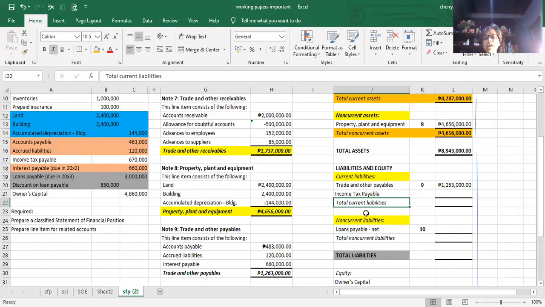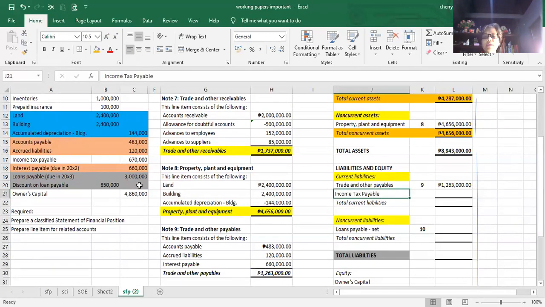Why did I do that? Remember that whatever the account title presented in your trial balance, it should prevail. Do not add some other account name that is not included in the trial balance, because the trial balance accounts are taken from the chart of accounts.